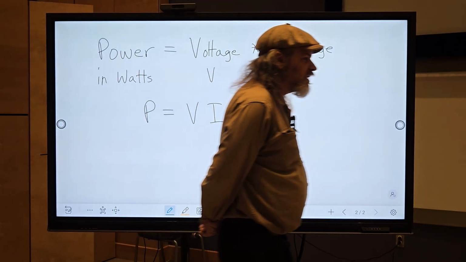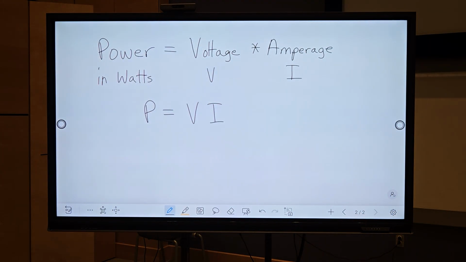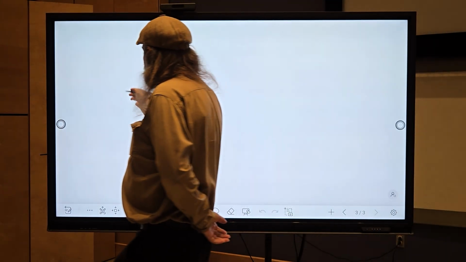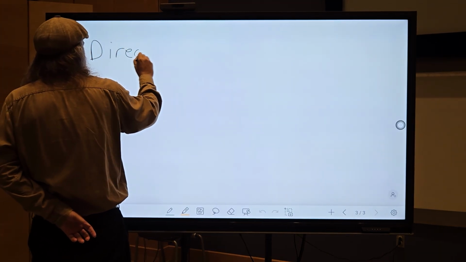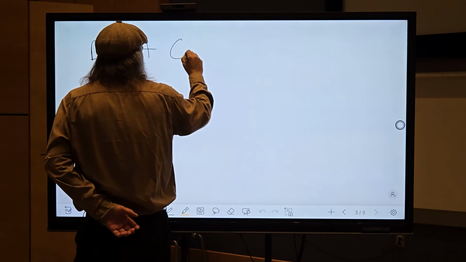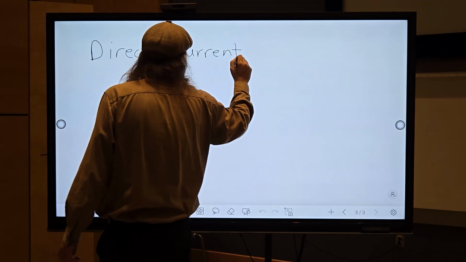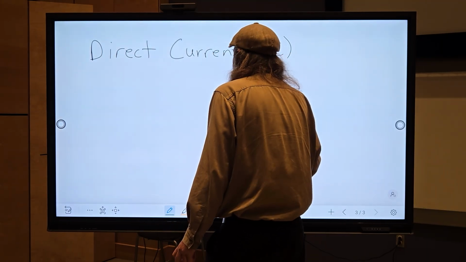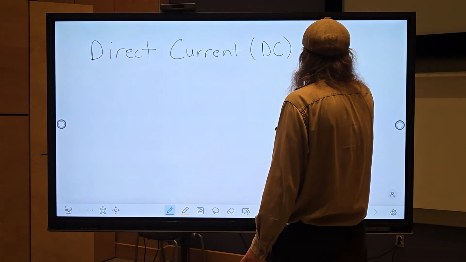Now, electricity comes in 2 different flavors. Batteries provide direct current. Direct current is a constant voltage.